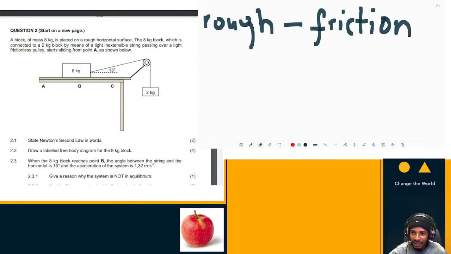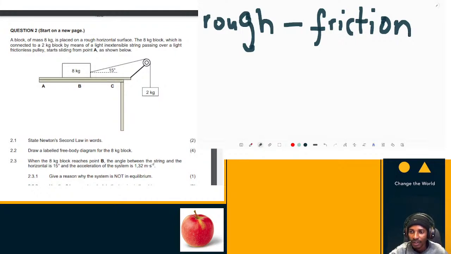If the surface was smooth, the object in contact with it would not experience any friction. But in this case, the surface is rough, therefore the object will experience a frictional force.